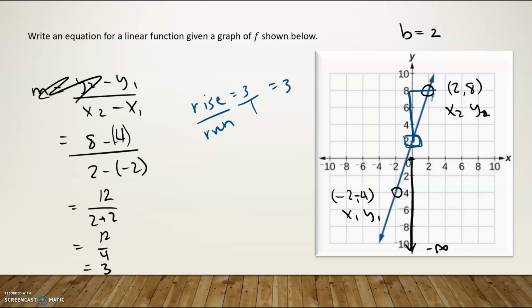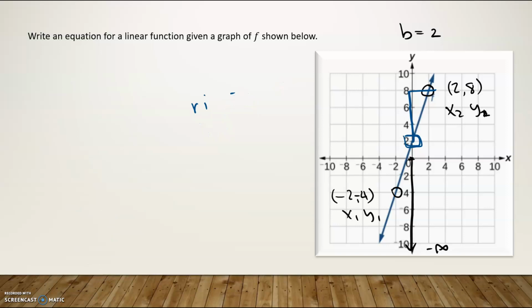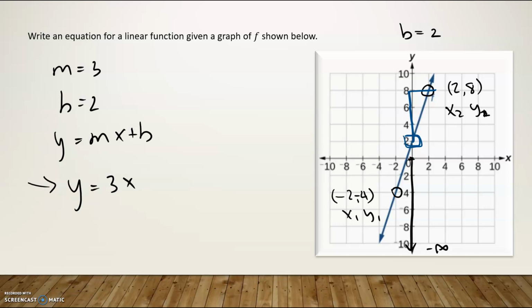Okay, so we've got our slope is 3, and our y-intercept is 2. So y equals mx plus b. That's going to be y is equal to 3x plus 2. And there's the equation of this linear function.